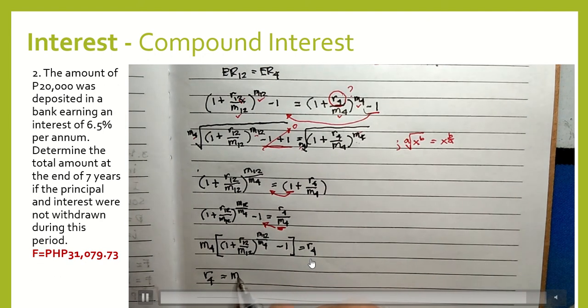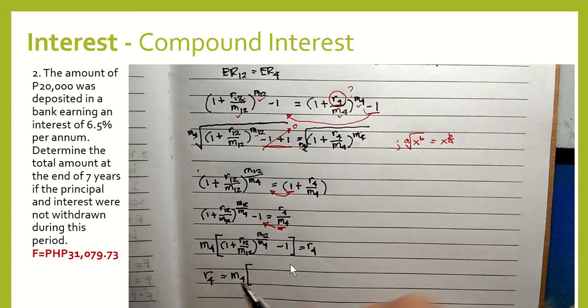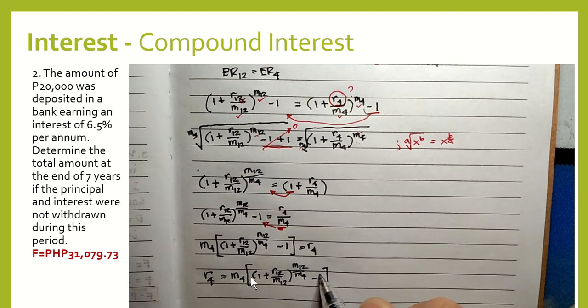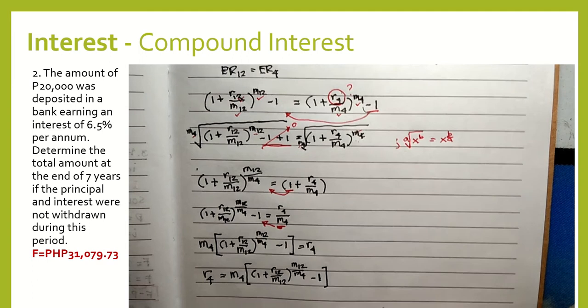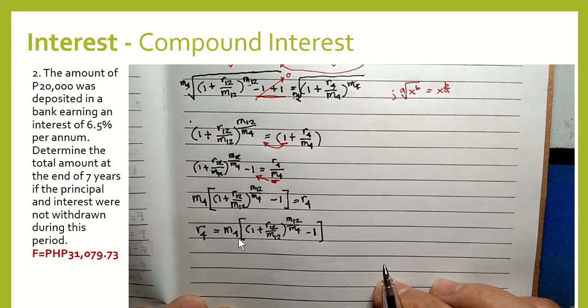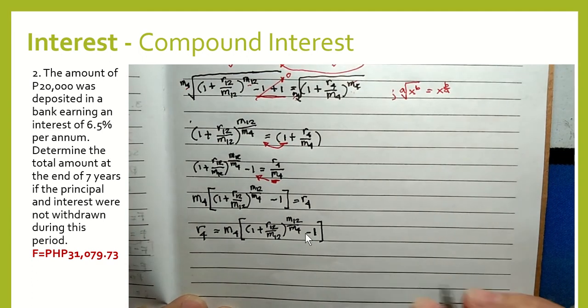Then we will now substitute the values after rewriting. If we rewrite this, by common or standard notation, the variable should be placed on the left side, and all the terms with equivalent values will be placed on the right side.